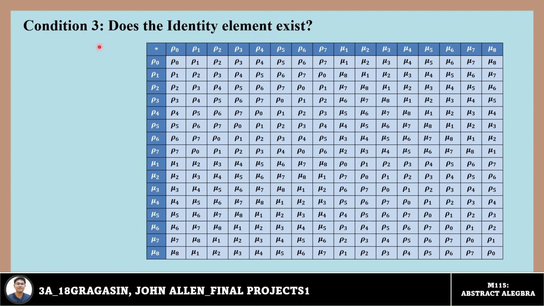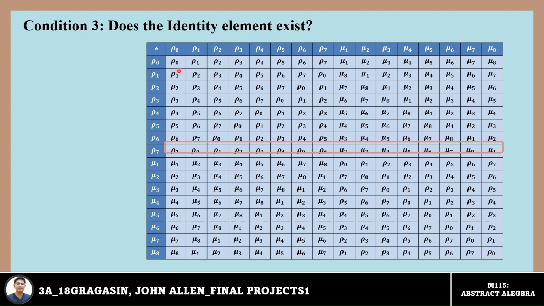And for our condition 3, does the identity element exist? In order to find the identity element in our table, we need to find the column that has the same elements as the outer top row and the row that has the same elements as the left column.